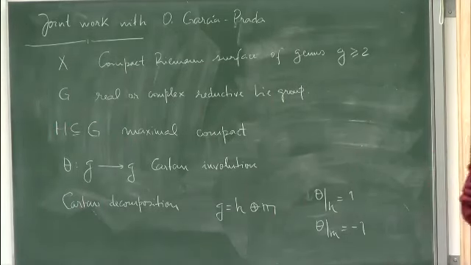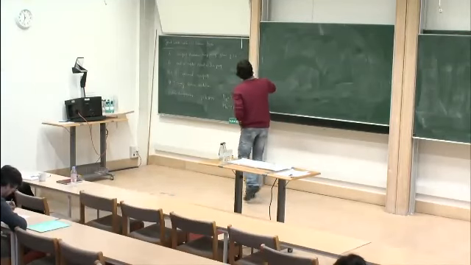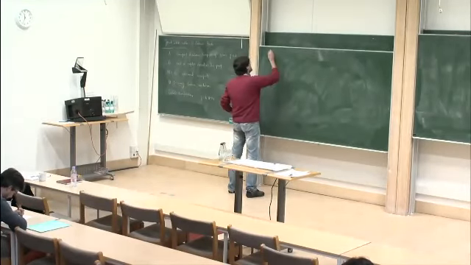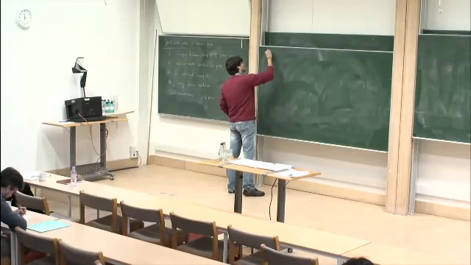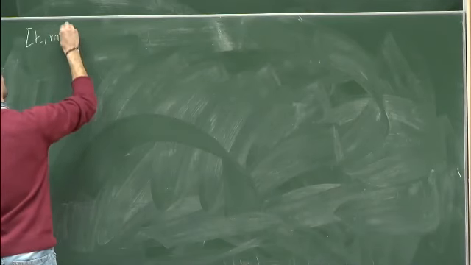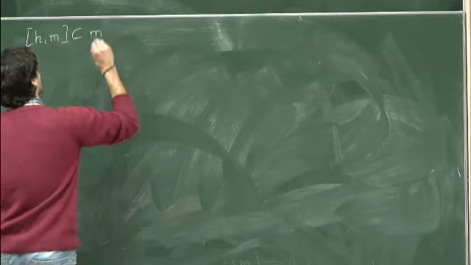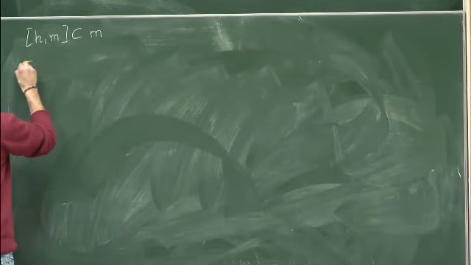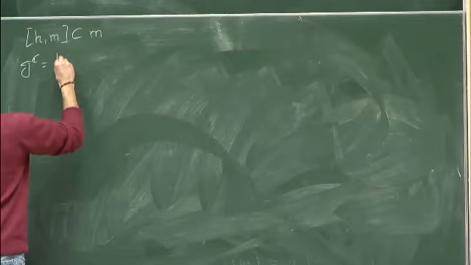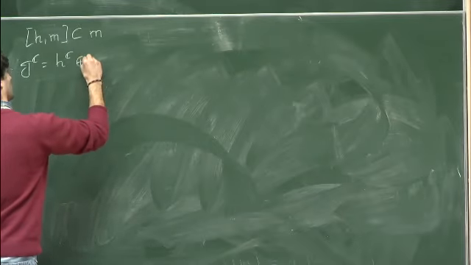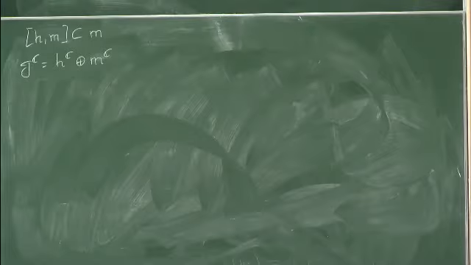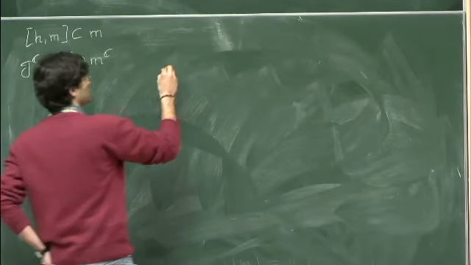Okay, now one of the properties of the decomposition is that if we bracket H with M it goes to M, and now we can complexify the Cartan decomposition, and from this we obtain the isotropy representation.